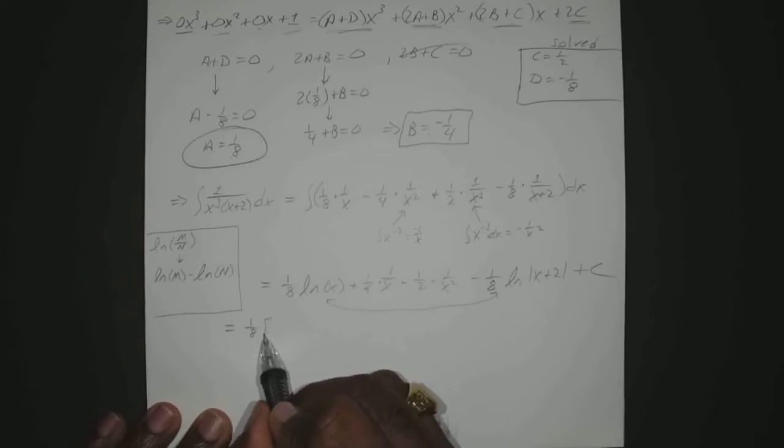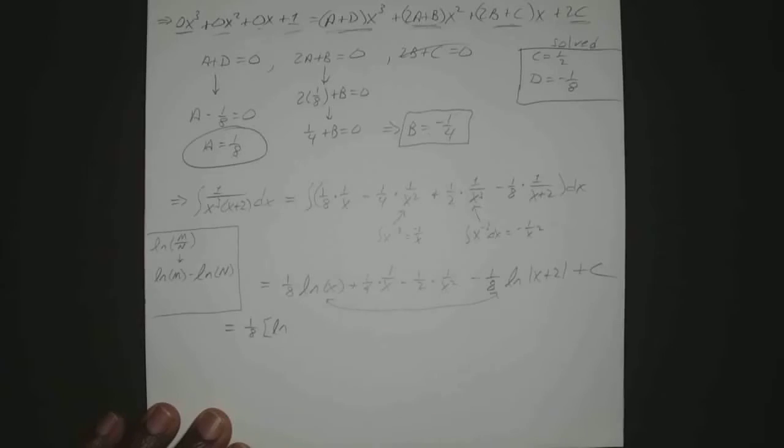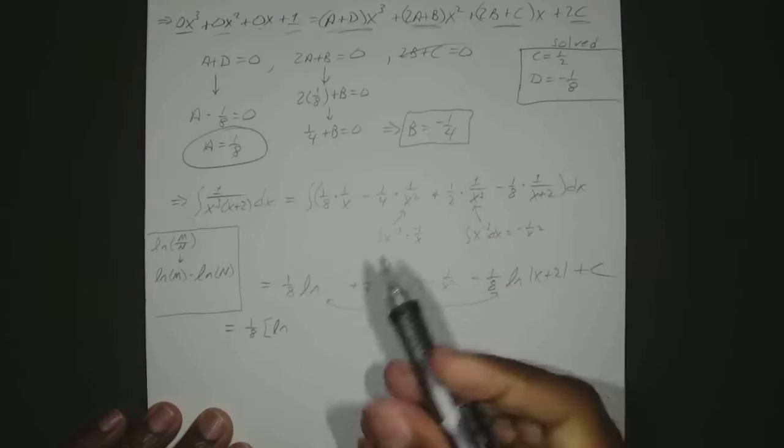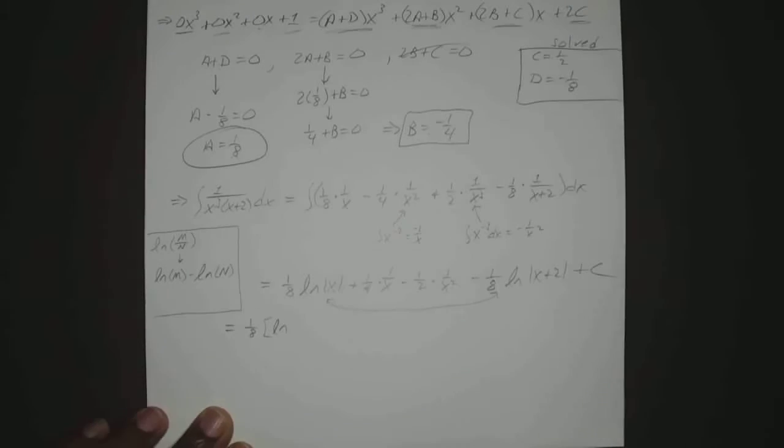So if you have 1/8 the natural log, oh, that should be absolute value of x. I did that to see if you were paying attention, and you all failed.